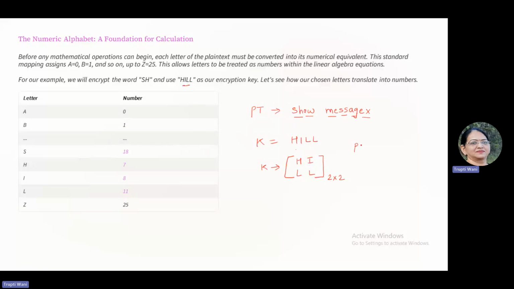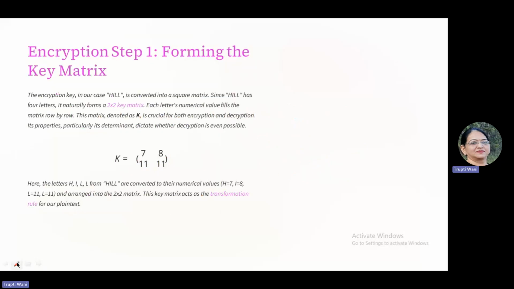So plain text P, first is SH. We will see how SH can be converted into the ciphertext. First of all, convert all these alphabets of plain text as well as the key into numbers. These are the numbers for the key HILL: 7, 8, 11, 11.